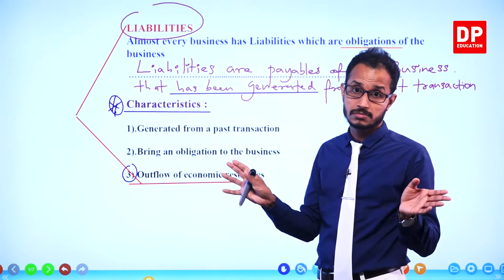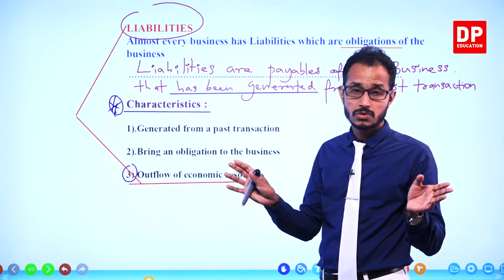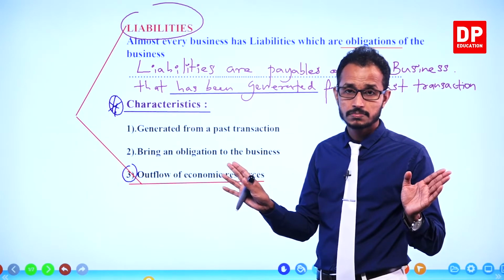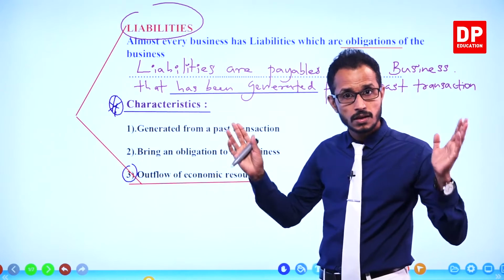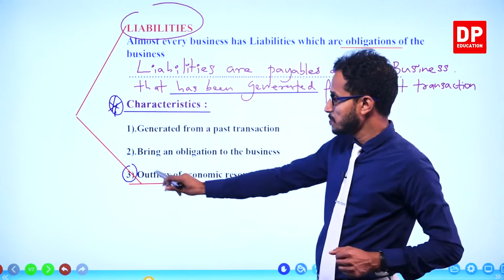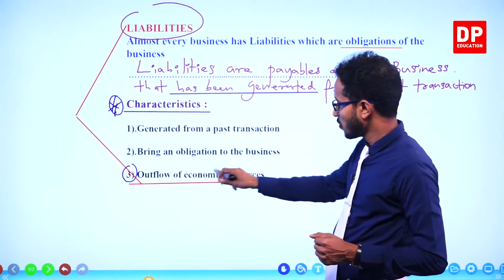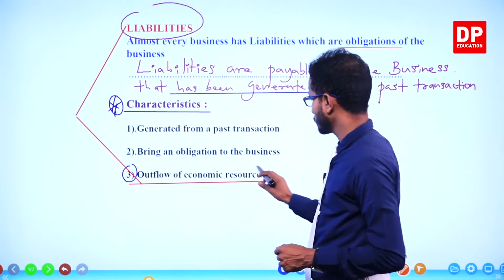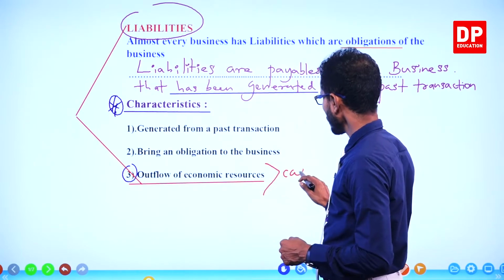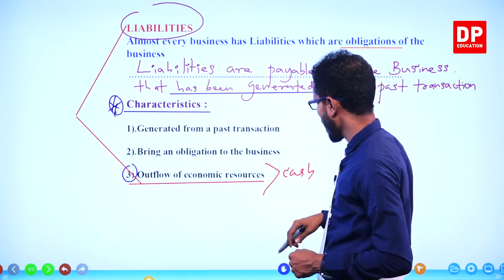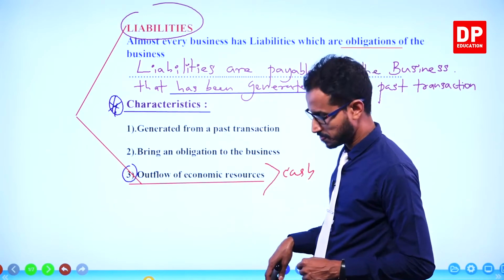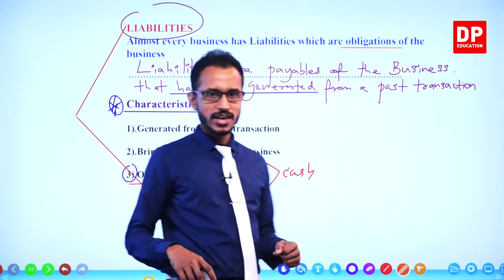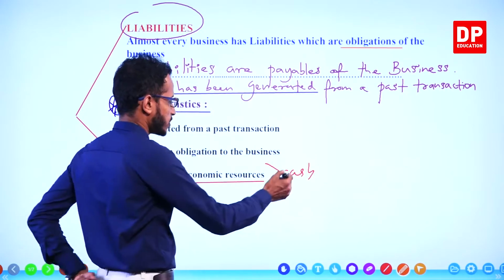Sooner or later, you must pay them back. That's what is meant by outflow of economic resources. Here the economic resources refer to cash. You have to pay the liabilities back in cash. That's what it means.